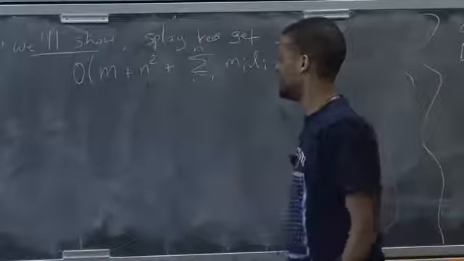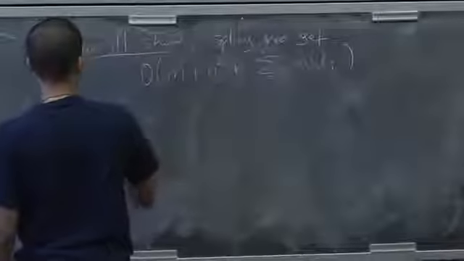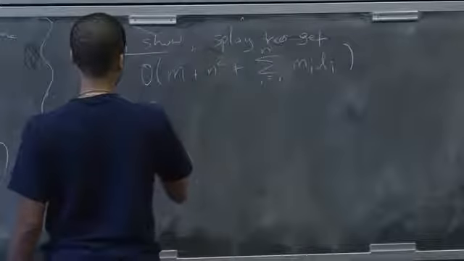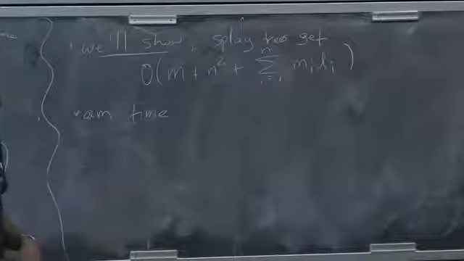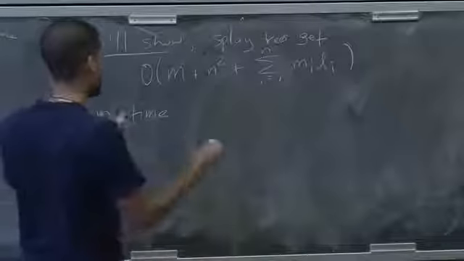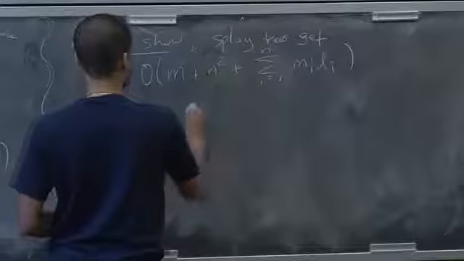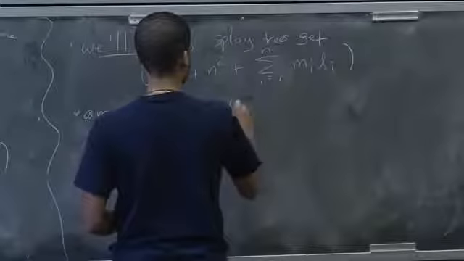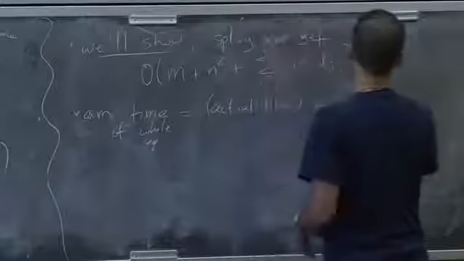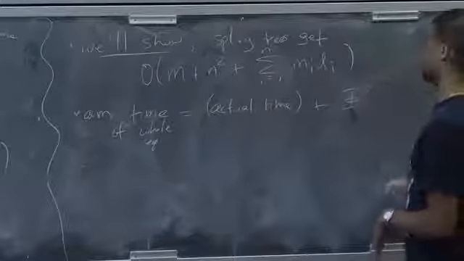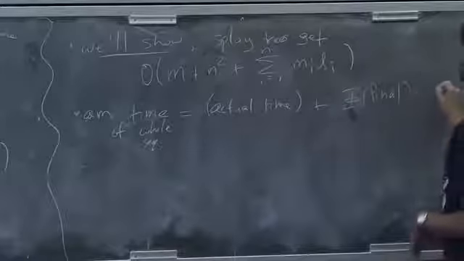Okay, so good. Remember that the amortized time for an operation is the actual time plus the difference in potential. So the amortized time of the whole sequence is the actual time plus the final potential minus the initial potential.